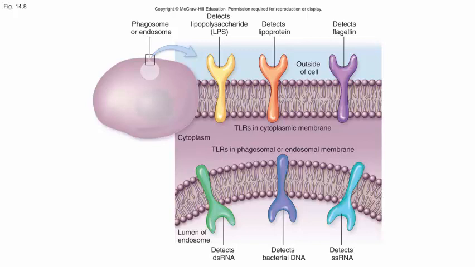These receptors are found on the lumen-facing side of the phagosome and the endosomal vesicle membranes, and they recognize select features of the microbial nucleic acids. You can see some of that right there in the lower part of the image. They're able to detect double-stranded RNA, select microbial DNA sequences, etc.